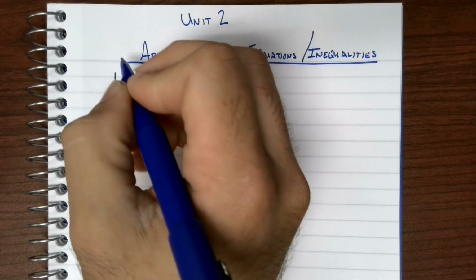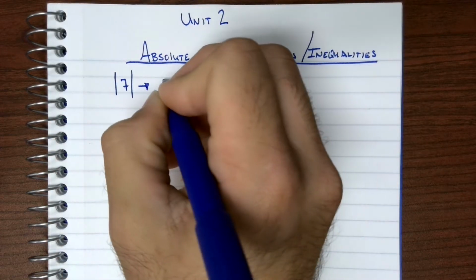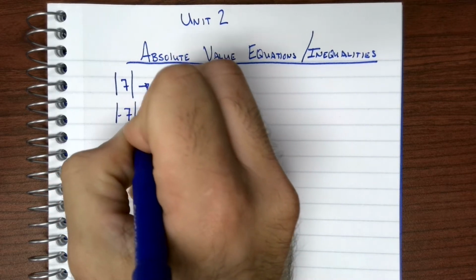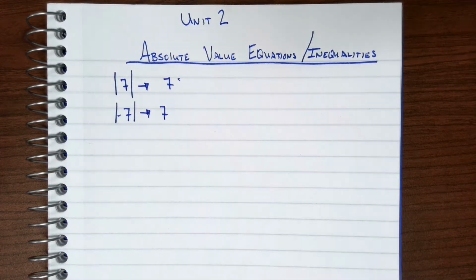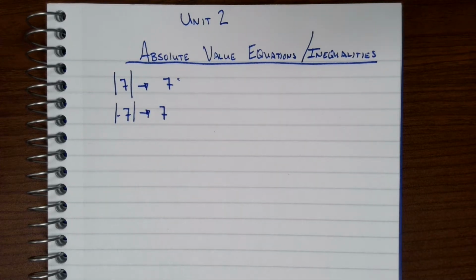Say I had the absolute value of 7, it's 7. What's the absolute value of negative 7? It's 7. So with absolute value you have two scenarios here. It's the same thing with equations and inequalities. We're going to have two sides we're working from, like we did with compound inequalities.